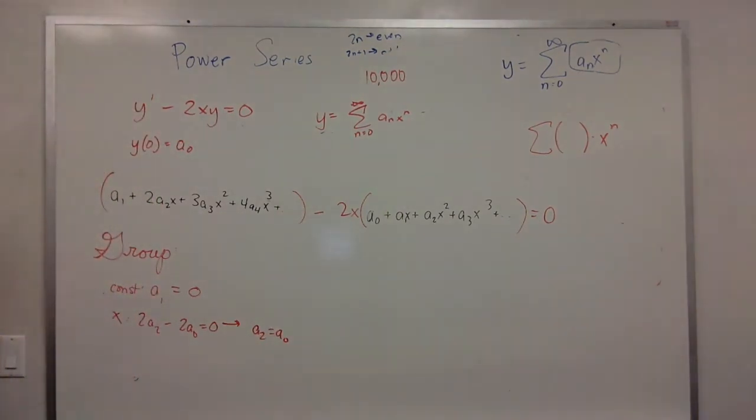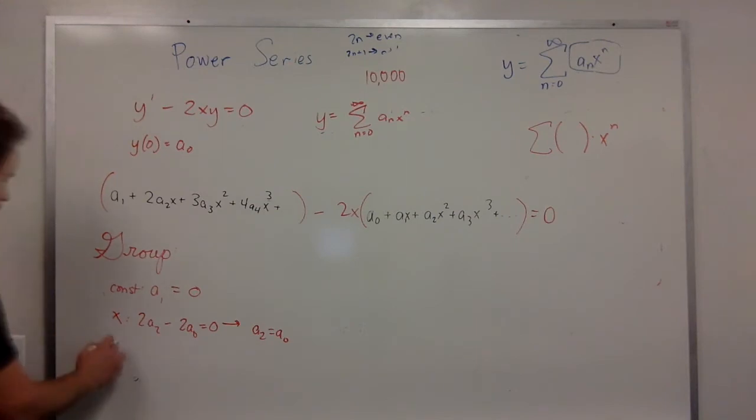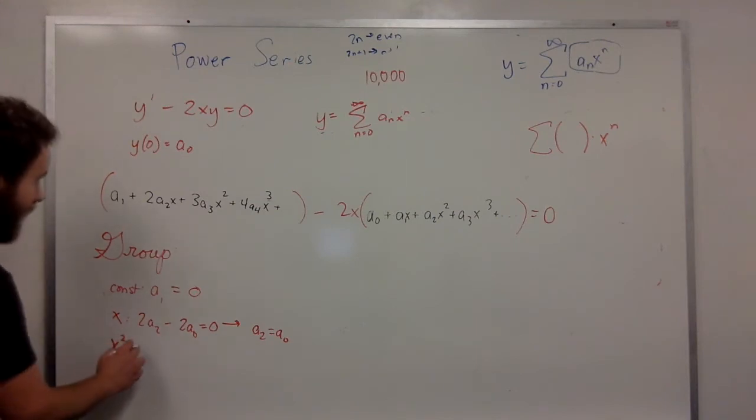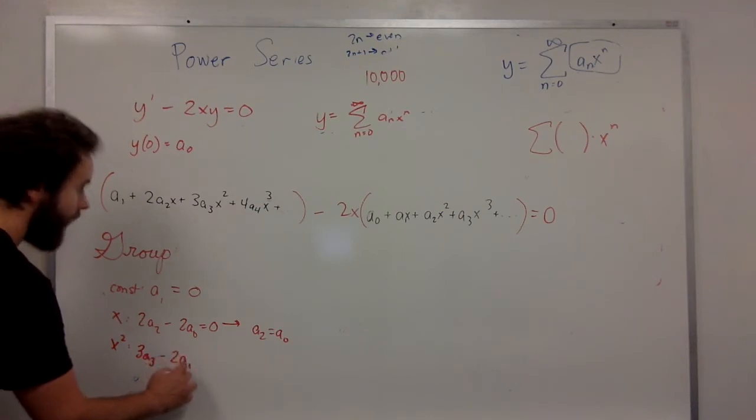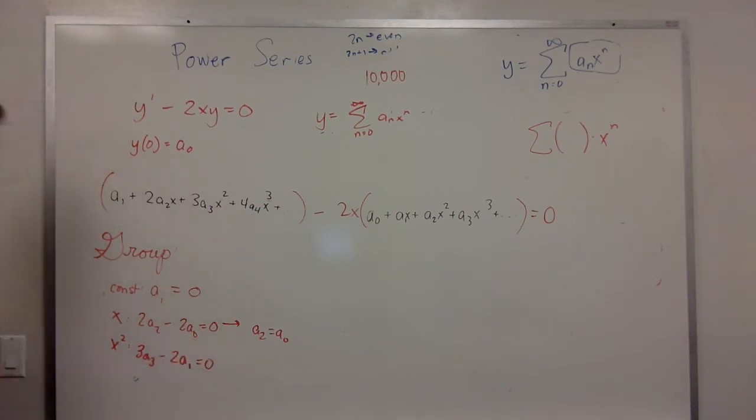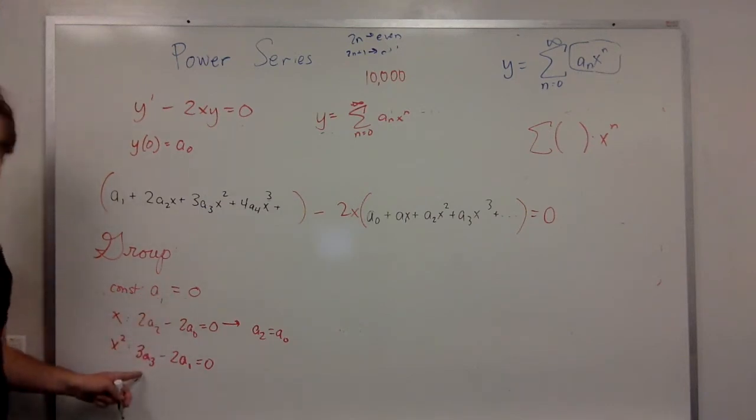That's still too little information to figure out a pattern. Move to x squared terms: we have 3a3 minus 2a1 equals 0. What do we know about a1? It's 0, so a3 is going to end up being 0.